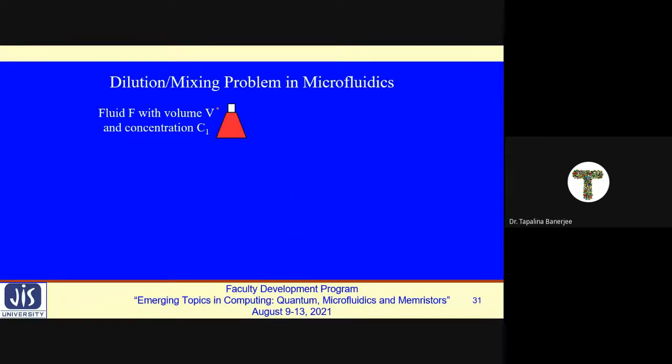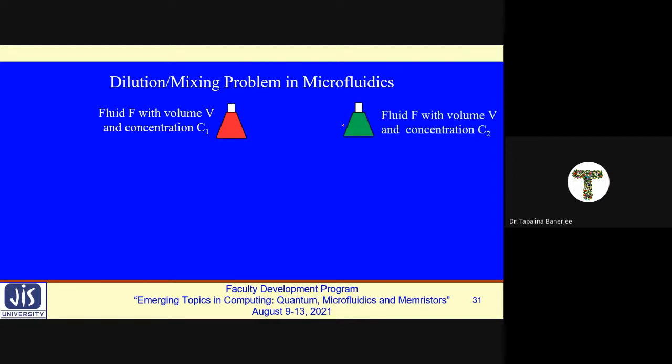Now, if we are considering dilution and mixing based on this algorithmic sample preparation knowledge, then what can we see? Here we are going to consider a fluid F with volume V and concentration C1.